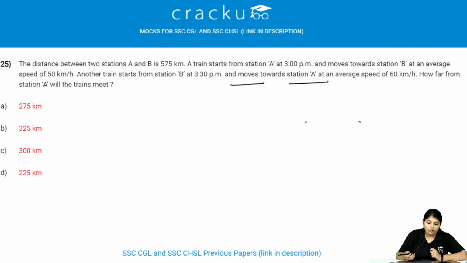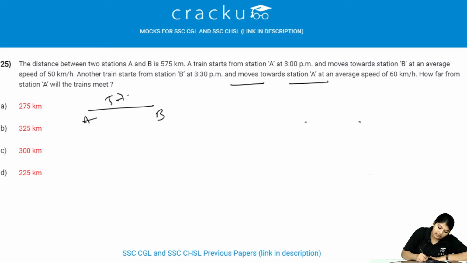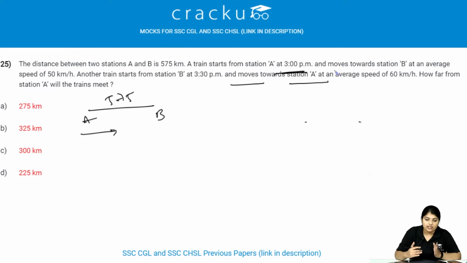The distance between two stations A and B is 575 kilometers, and train A starts from station A at 3 p.m. and moves towards station B at an average speed of 50 kilometers per hour.